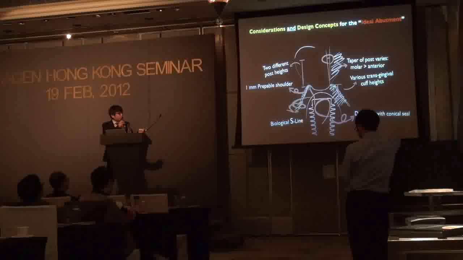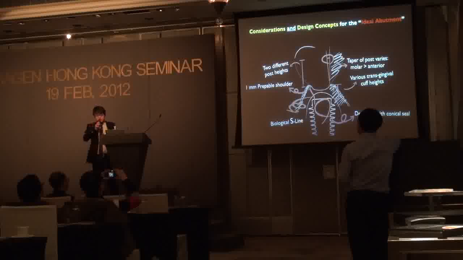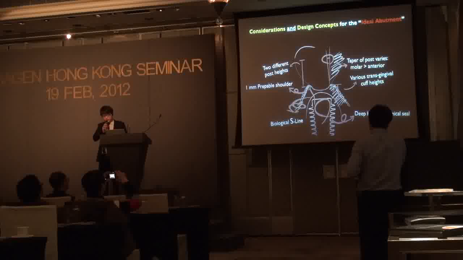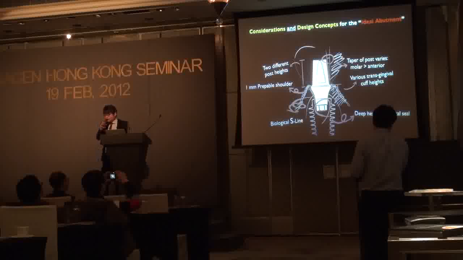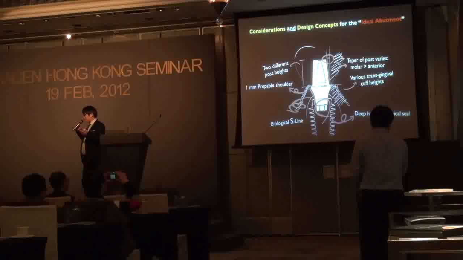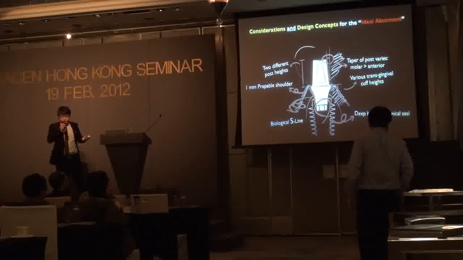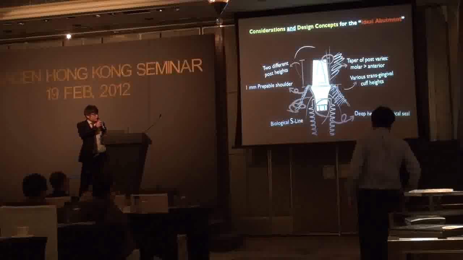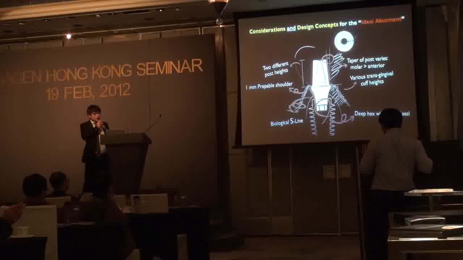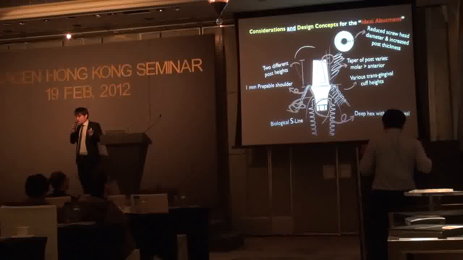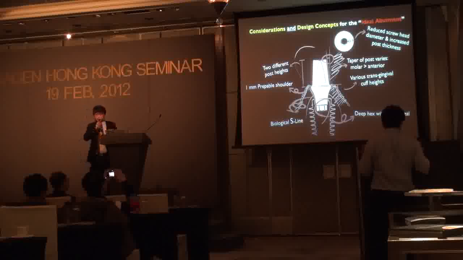The abutment for the molar has more taper than the anterior, and a 1 millimeter bevel over the shoulders. Because we have a strong connection, we can minimize the screw head, which means we have more thickness in the milled abutment compared to the others.